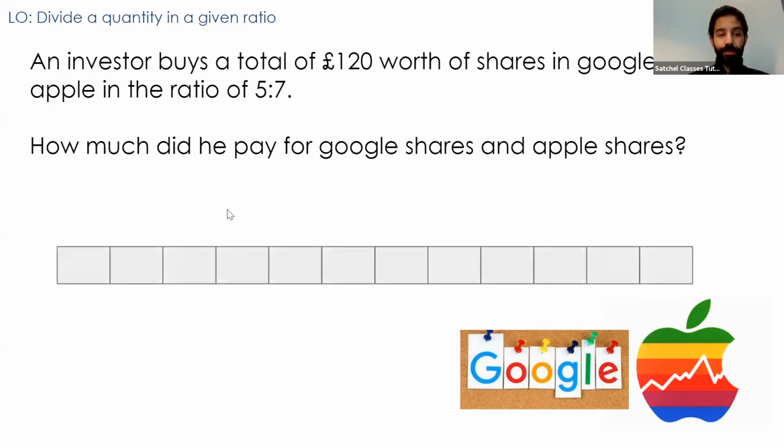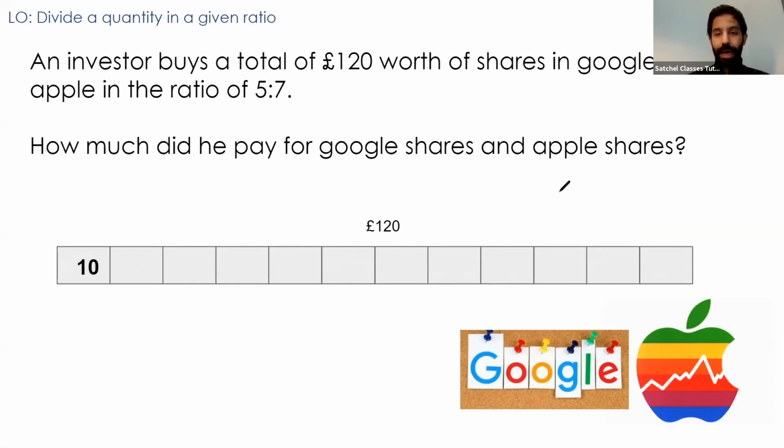12 bars. We have 1, 2, 3, 4, 5, 6, 7, 8, 9, 10, 11, 12. So £120 split into 12 parts will mean each part is equal to £10, because 120 divided by 12 will give us 10.